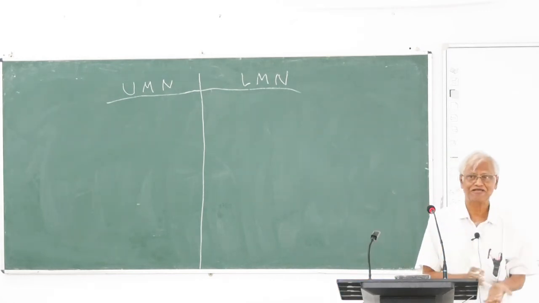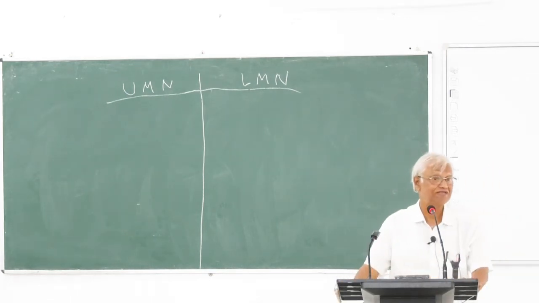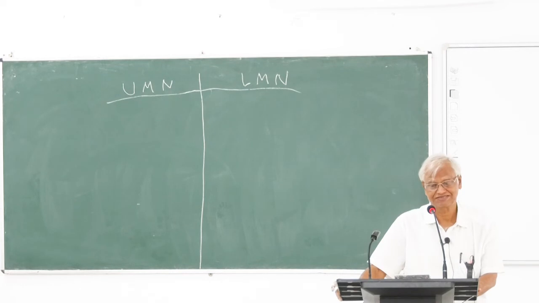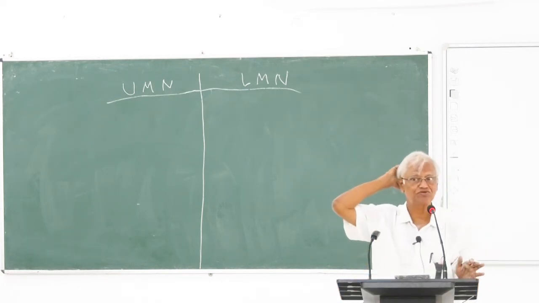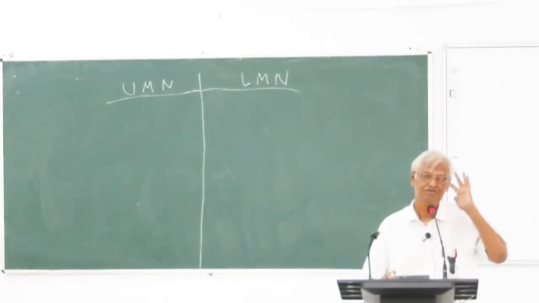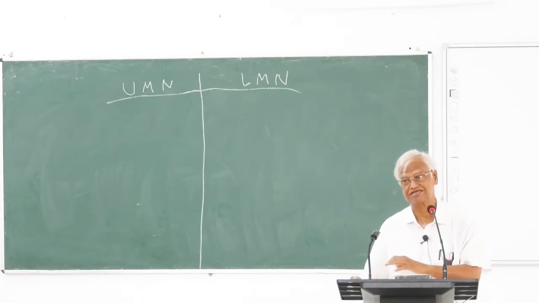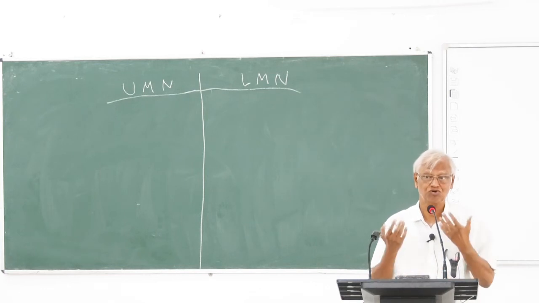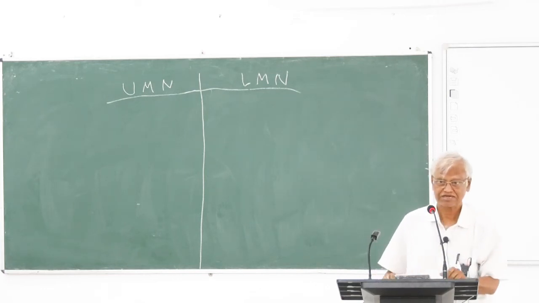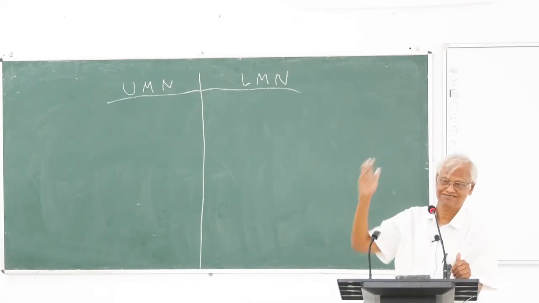There are motor tracts and sensory tracts. From the very first day, I have been talking about these sensory tracts: the anterior spinothalamic tract, lateral spinothalamic tract, posterior column, tract of Goll and tract of Burdach, better called fasciculus gracilis and fasciculus cuneatus. These are all sensory tracts.